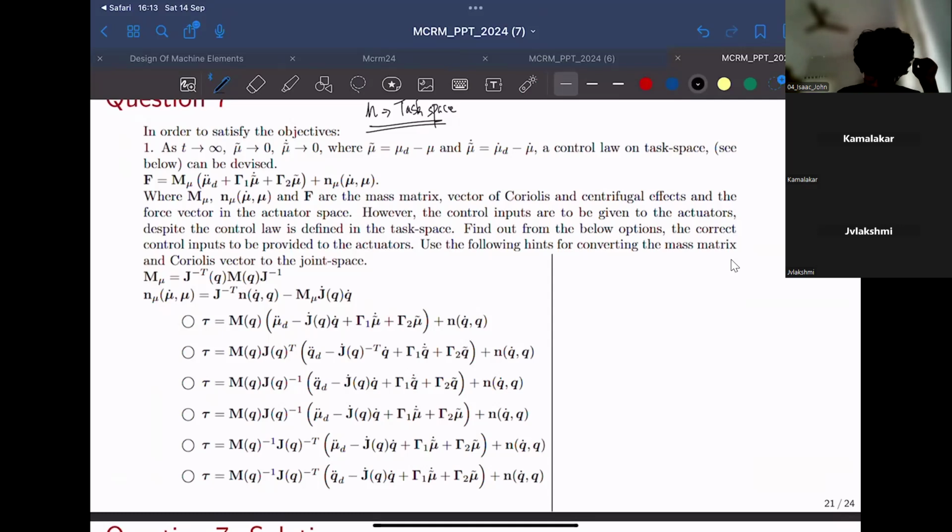So I'll write this computed control law. F would be M of mu, psi double dot plus gamma 1 mu tilde dot plus gamma 2 mu tilde plus N of mu, mu dot.